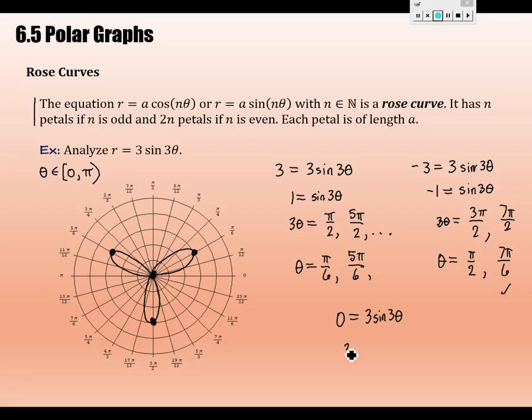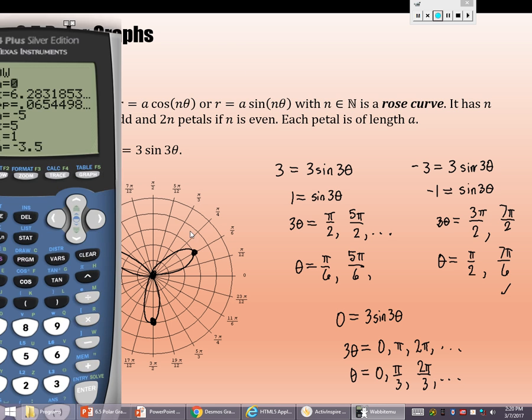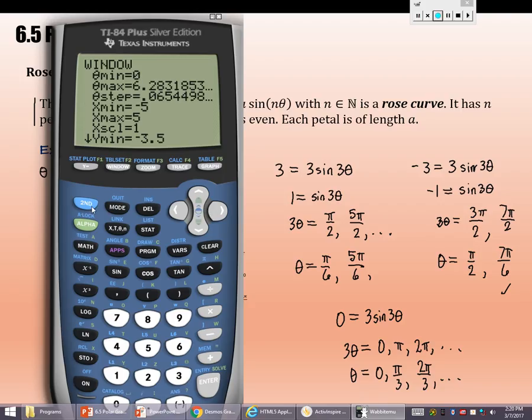What do we need? 3 theta needs to be 0 or pi, every pi after that, etc. So theta would need to be 0 or pi over 3 or 2 pi over 3, etc. Okay, so I'm going to do that on my calculator now. I'm going to make it go from 0 to, when do I think the first petal occurs? Maybe from 0 to pi over 3, and let's just see if we get the first petal.